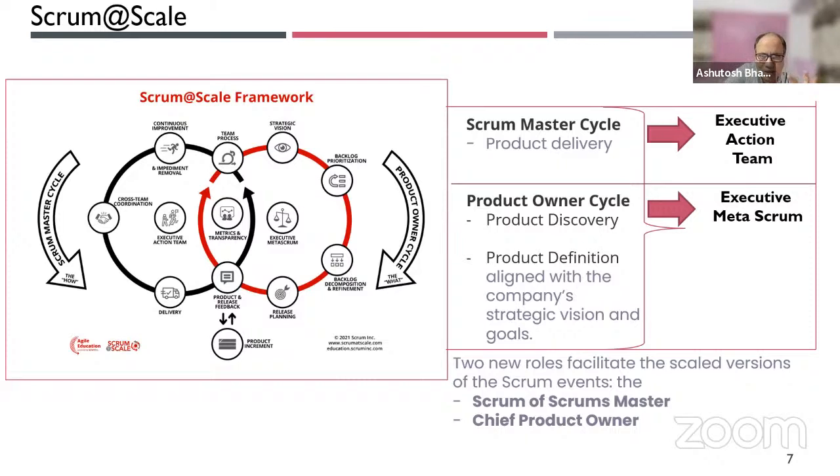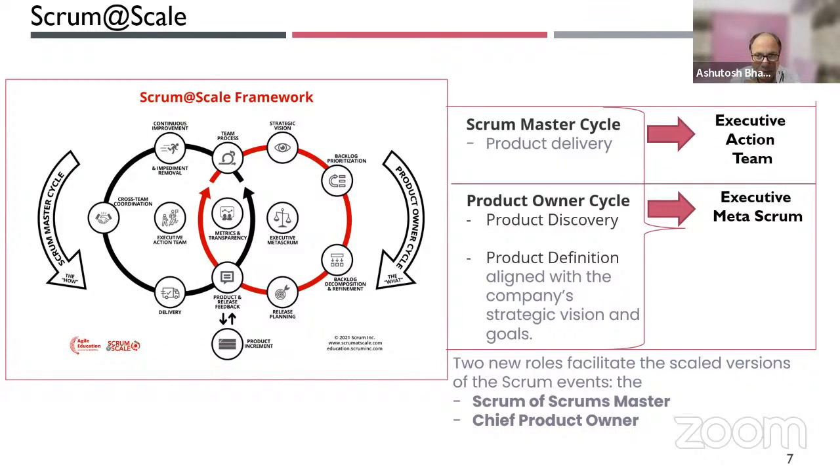So this is the Scrum at Scale framework. We have events like Scrum of Scrums, and we have the Scrum of POs also, where the product owners come together. Then there are two additional roles in this framework. One is the SOS master, the Scrum of Scrums master, like a chief Scrum master.